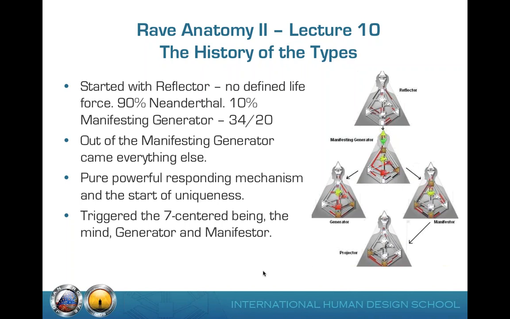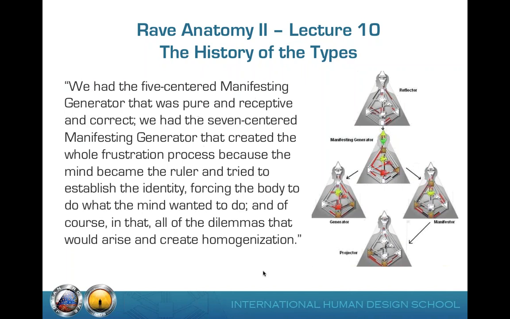And this triggered the seven-centered being, the mind. So the seven-centered being before 1781 was all about developing that Ajna center. It was all about developing the mind and controlling the world through the mind and creating the world through the mind. So we had the five-centered manifesting generator that was pure and receptive and correct.